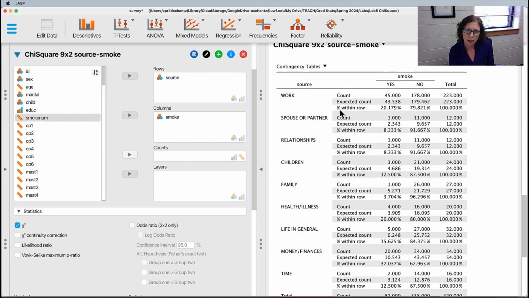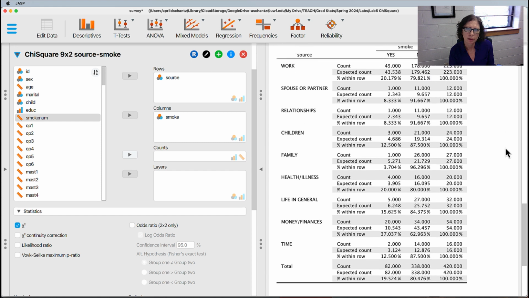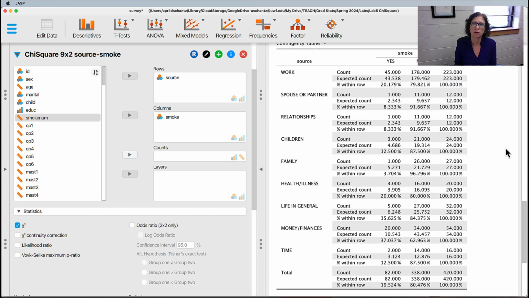I would say maybe not having expected count on it, like try to find a way to make it cleaner. But this is the information that you can use to build your own descriptives table, either for just source of stress or the contingency table. And the ones that I found that look most similar in the APA manual were table 7.2 or sample table 7.7. Might give you some ideas for how you might work this into a table.